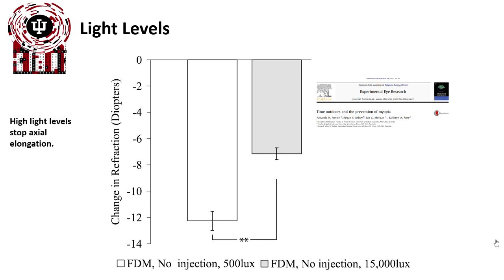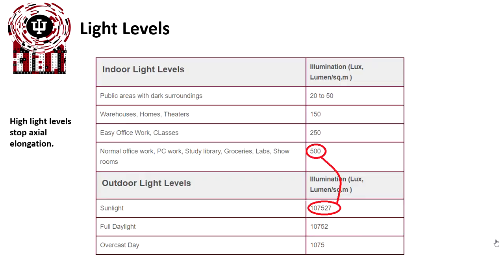Even though both animals experience form deprivation myopia, the group that has the higher light levels has less myopia. The actual axial length decreases. And this has been found in a number of animal models, both with form deprivation as well as defocus systems. High light levels seem to stop axial elongation or slow it.